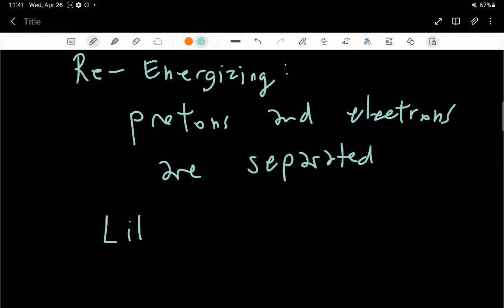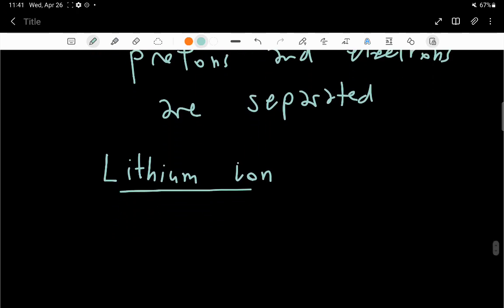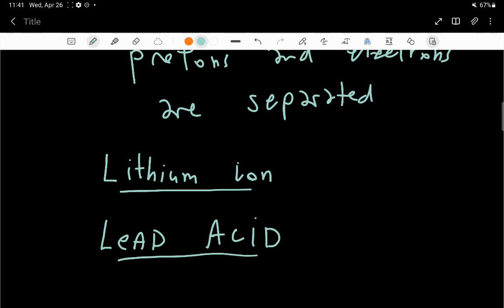So lithium-ion, this right here is a modern technology for a battery, but also older technology batteries are lead-acid batteries, and you can look up what's common and what's different between these two battery technologies. These aren't the only battery technologies. There's a lot of different battery technologies.